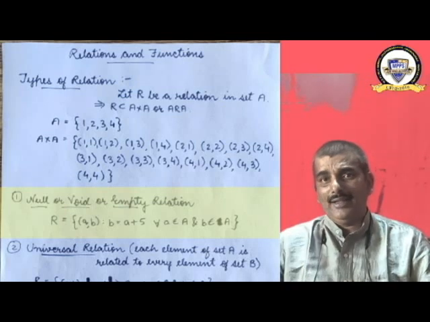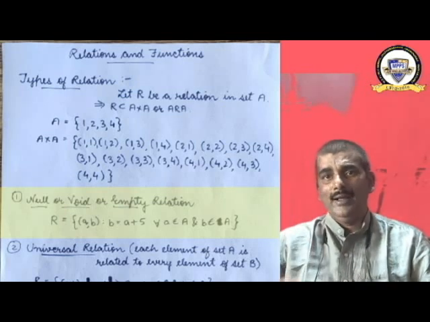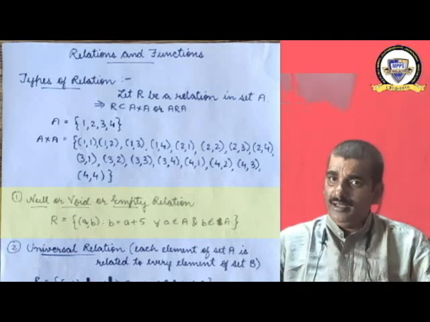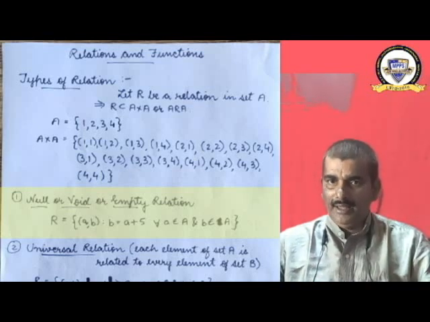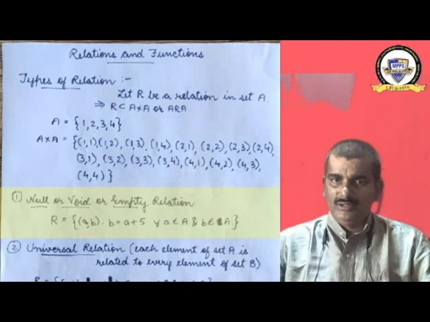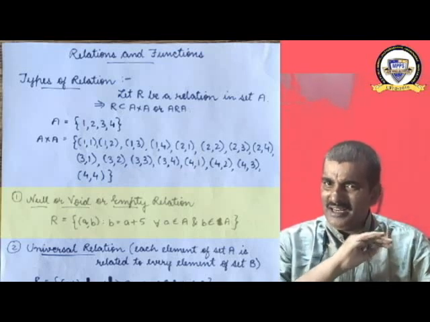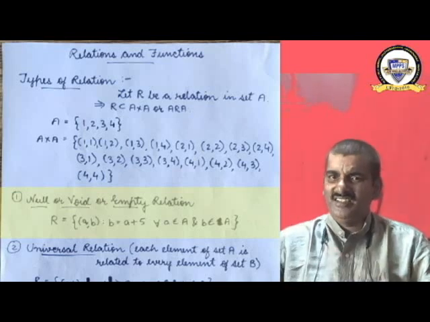That 7 is not there in A. So (1, 7) is not an ordered pair in the cross product A cross B, so it is not an ordered pair of the relation R. So that R is what? An empty relation. There should not be any element with the condition B is equal to A plus 5.